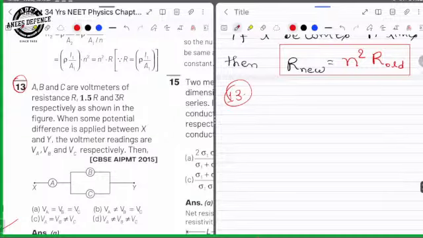Listen, A, B, and C are voltmeters of resistance R, 1.5R, and 3R. Listen carefully. This resistance is R, and this is 1.5R. And another one, any doubt? Okay.